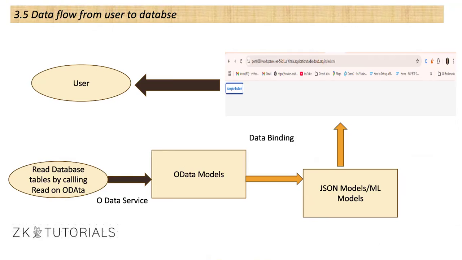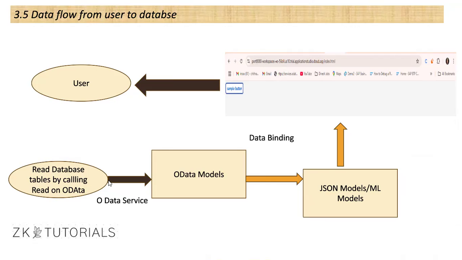We can simply hard code some values for the JSON when we are using the JSON model, which will be manipulated and validated, and then we pass the data to the OData model. The OData model then calls the OData service, which again updates our backend database.